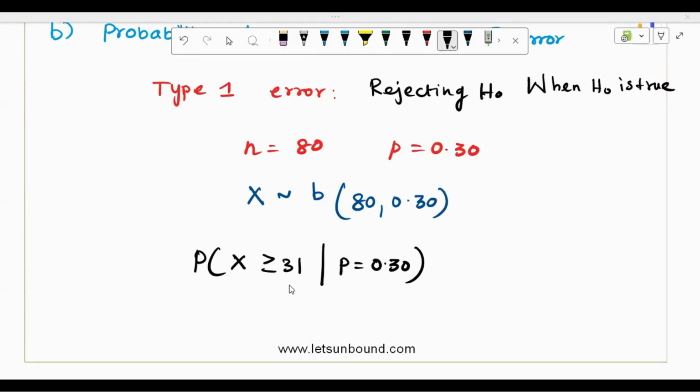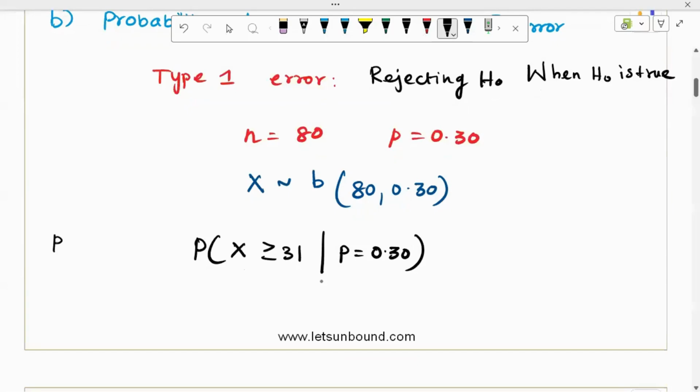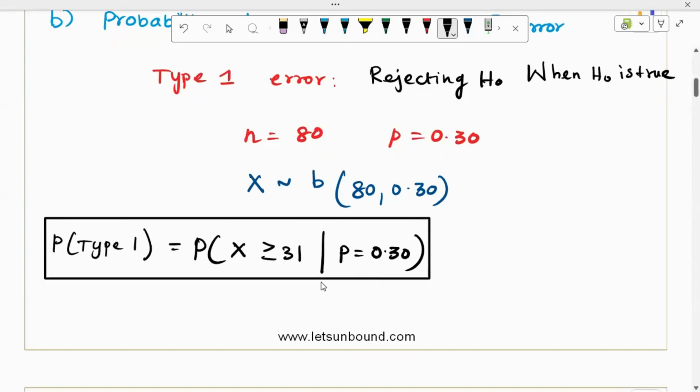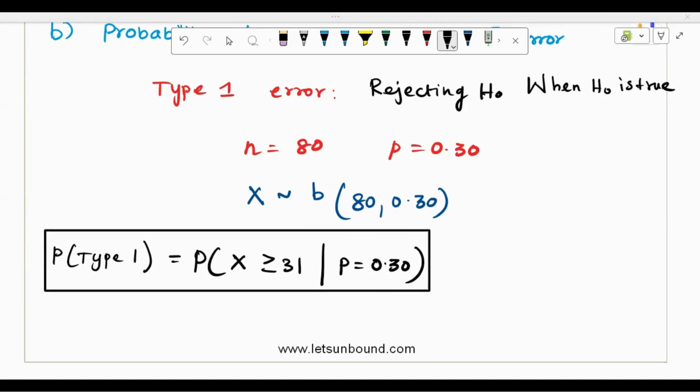So this is the probability that a type 1 error can happen, the probability of a type 1 error. I hope this is clear. Now the rest can be done with a calculator, right? So let's get it.